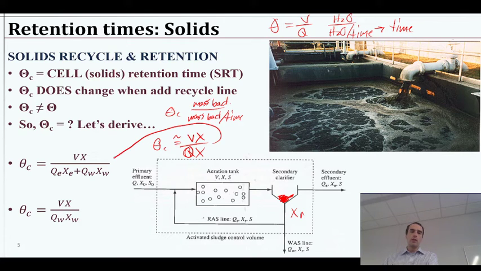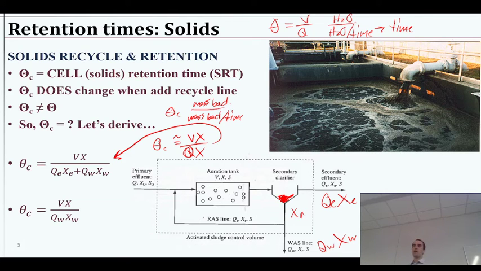this equation here to say, technically this theta C is going to be VX, so that's what's in the system, divided by the Q times X going out, that's going to be the QE and the XE, plus the QW, XW, because those are the two places it leaves.